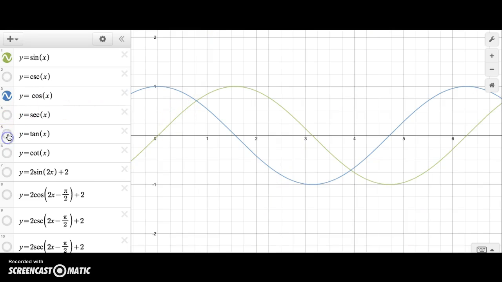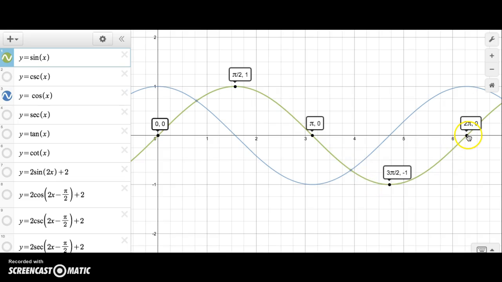Sine, which is the green line, is made from the y coordinates. So, if we look here, here, here, here, and here, you can see the pi's.